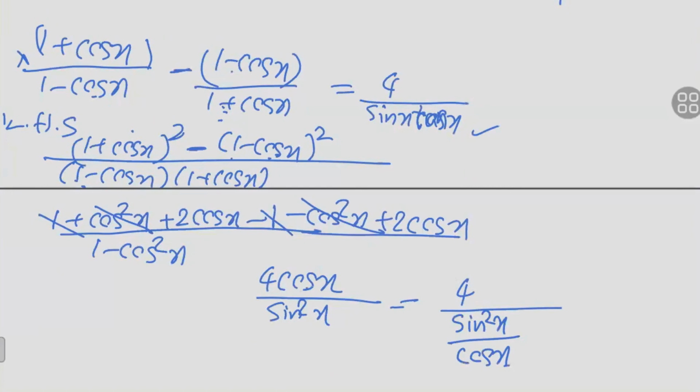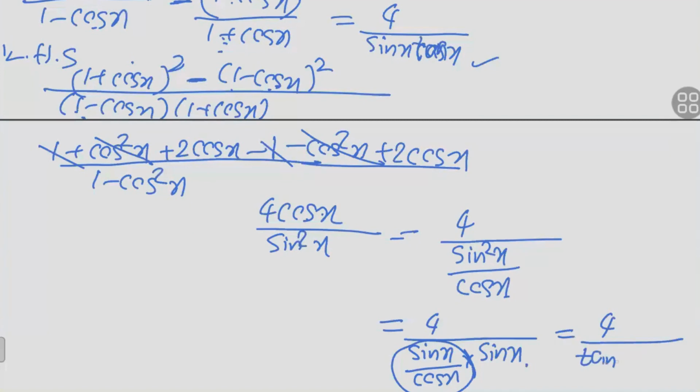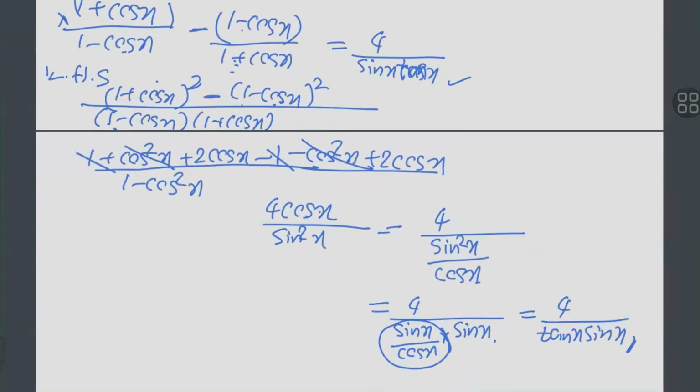Because cos x goes up, this comes up now. So then I'm writing this as 4 over sin x over cos x into sin x, right? So then sin x over cos x is tan x, 4 over tan x sin x, right? This way proving is better.